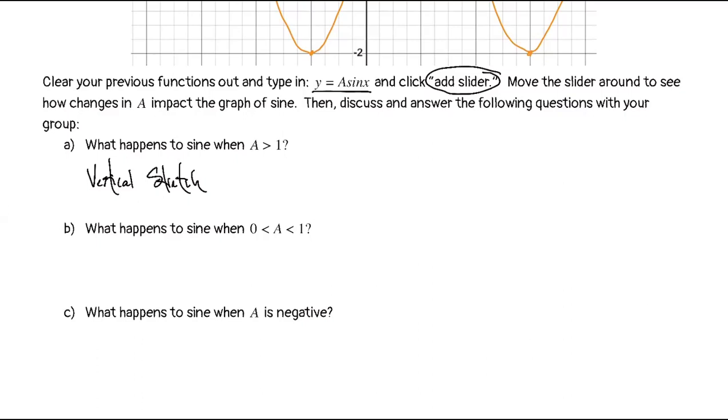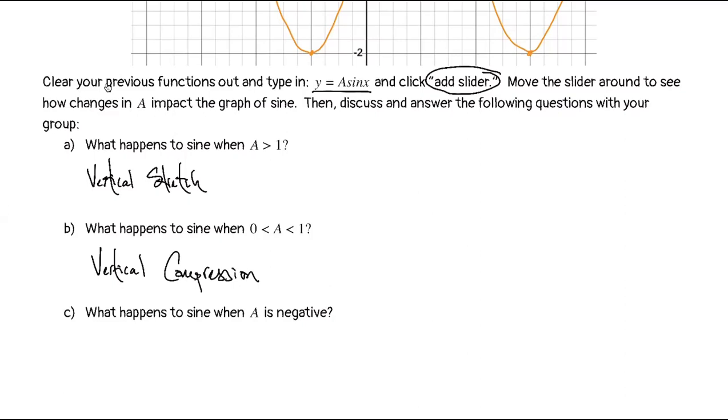Oh, shoot. Ooh, oh. Right? Yeah, exactly. Instead of stretching our wave, we're now compressing it, or making the waves shorter. So vertical compression would be a good way to describe what happens when A is between 0 and 1. Okay.